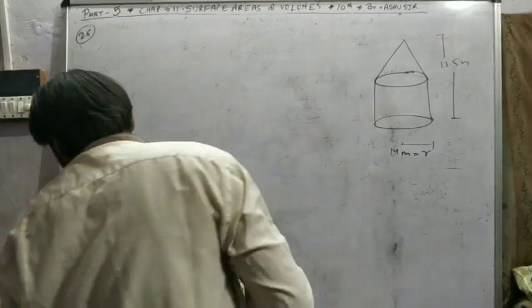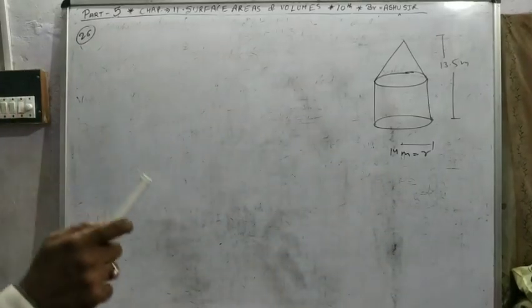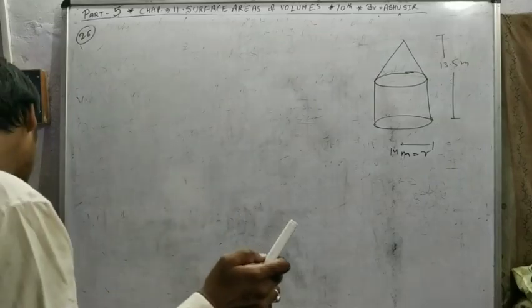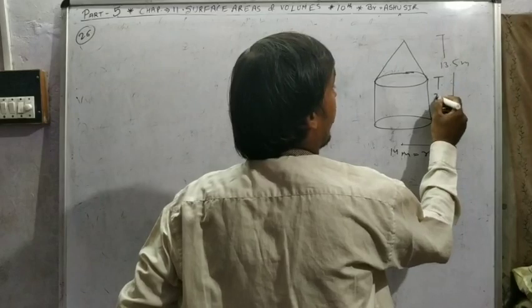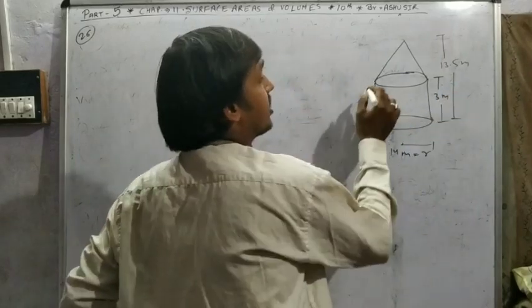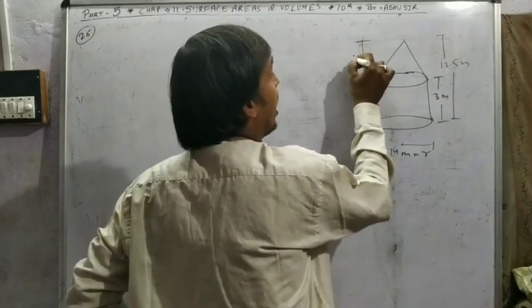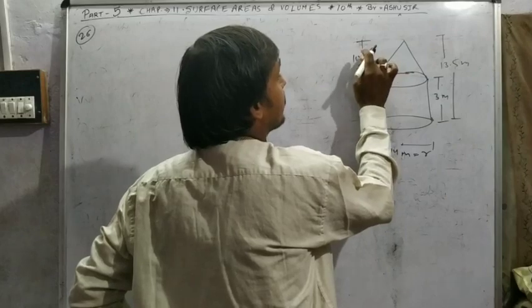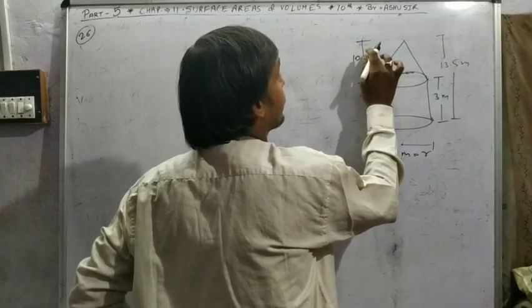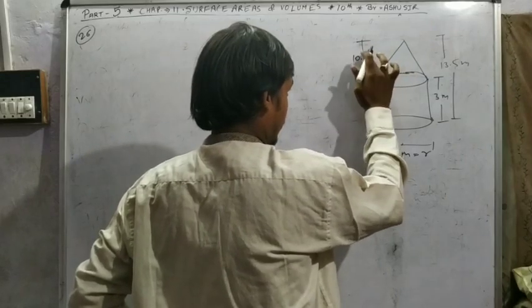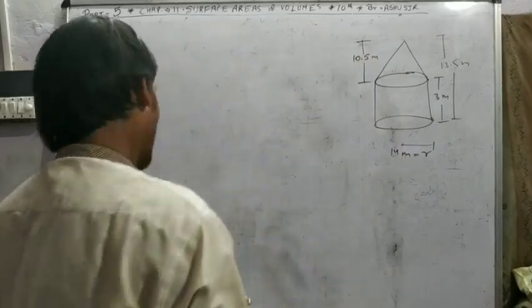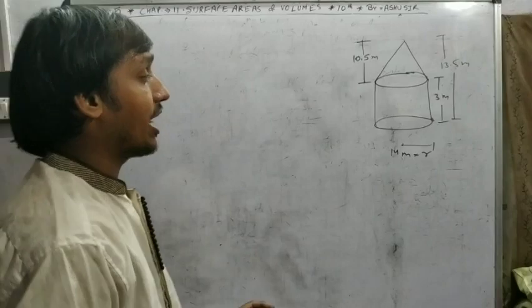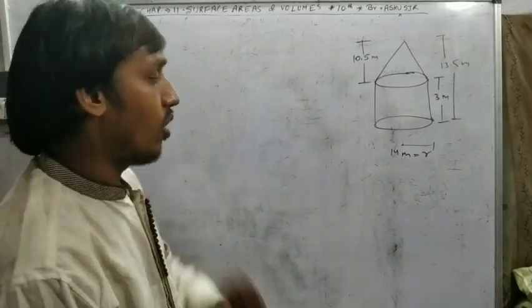The first line says the tent is a cylinder up to a height of 3 meter. So you can say the conical part height is 10.5 meter. So what is the area of cloth required here?